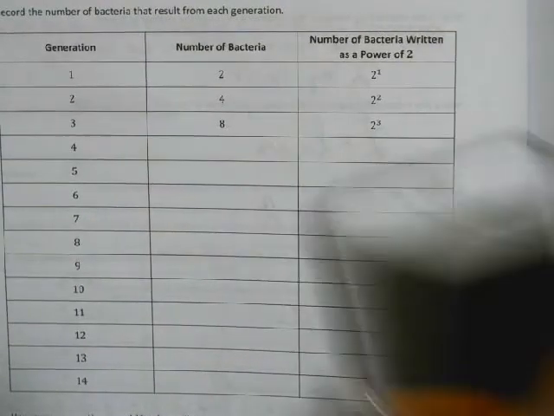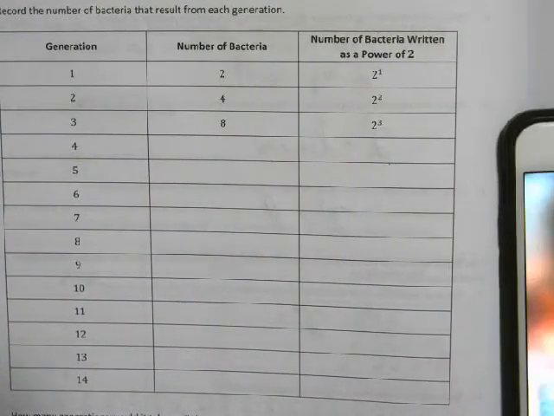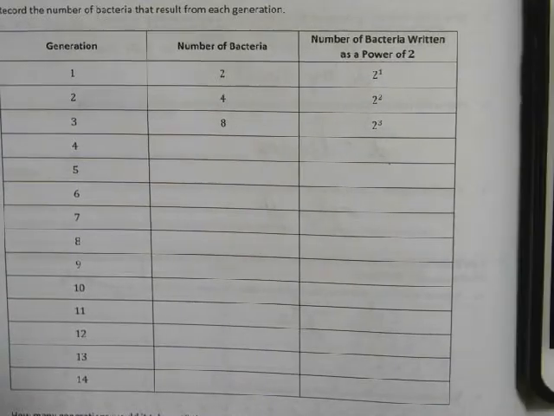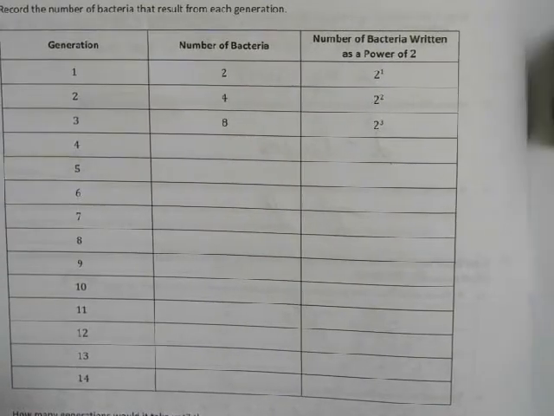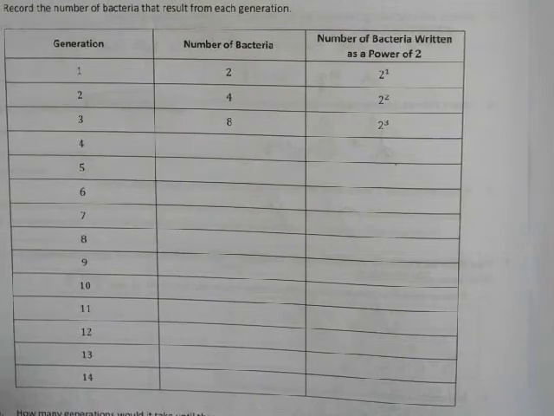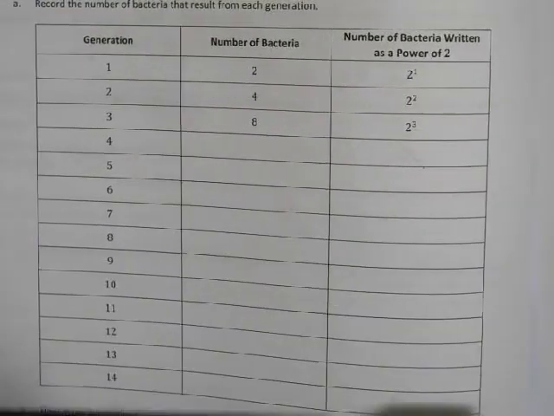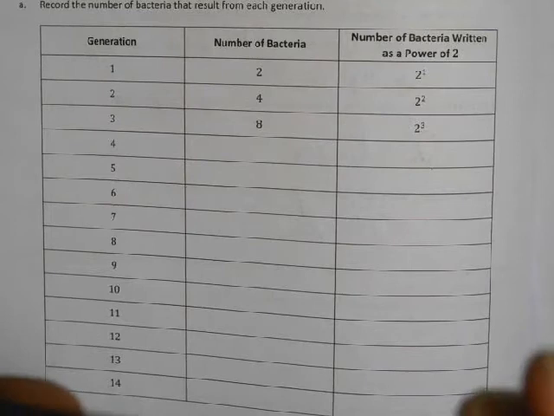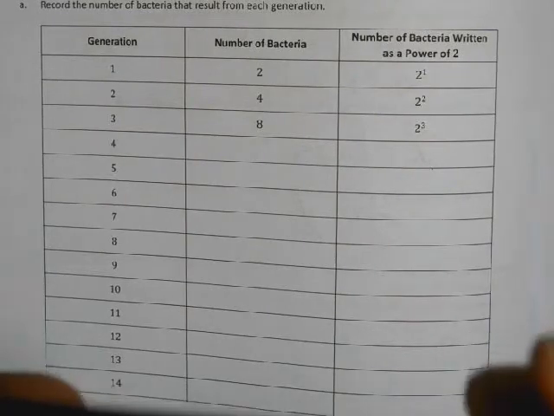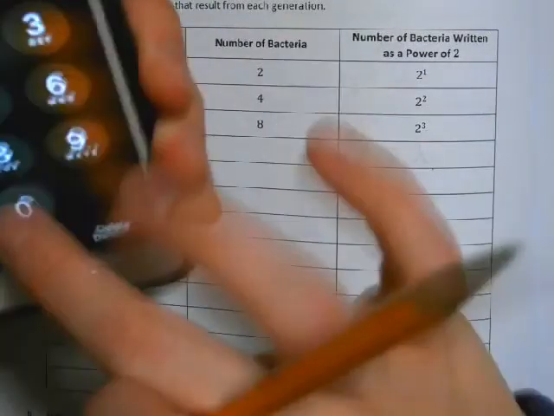So if you use your calculator, you can just continue to take 2 times 2 times 2. So 2 to the power of 3, as you know, is 8.